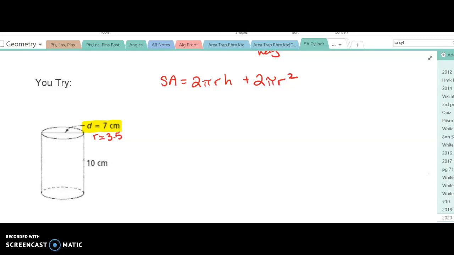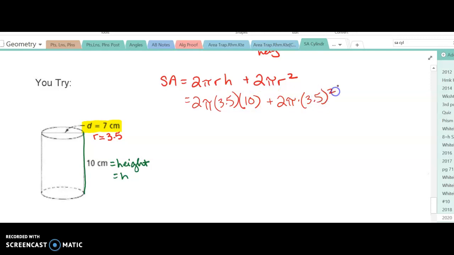And my distance between my circle bases is this 10, so that's my h. We have 2 times pi times 3.5 times 10 plus 2 times pi times 3.5 squared.